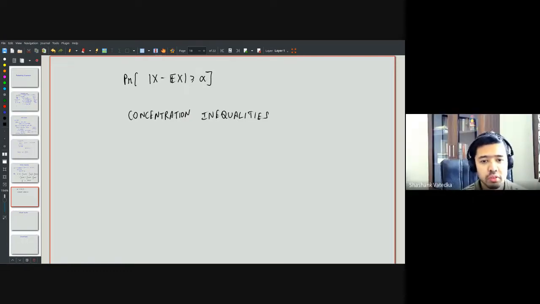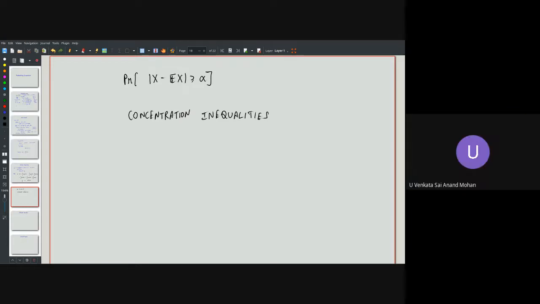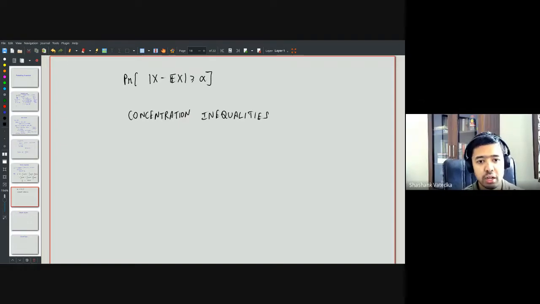So, yeah, but the probability that this quantity is greater than or equal to alpha is simply 1 minus the probability that this mod is less than or equal to alpha. Okay. So I'm going to get an upper bound on this particular probability, which means that I'll get a lower bound on the probability that mod x minus expectation of x is less than or equal to alpha. Okay, good. Any other questions?